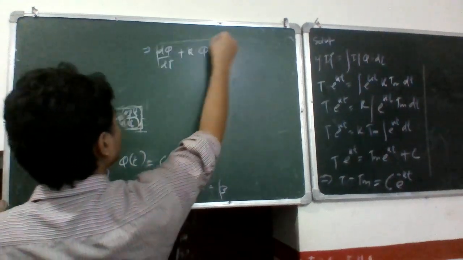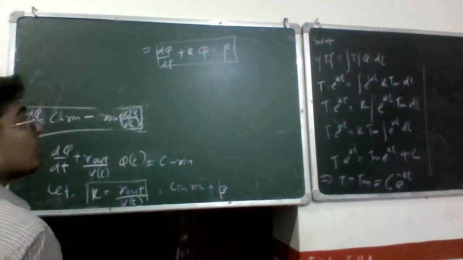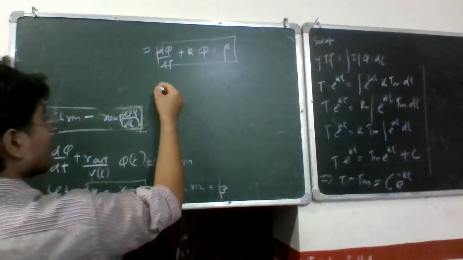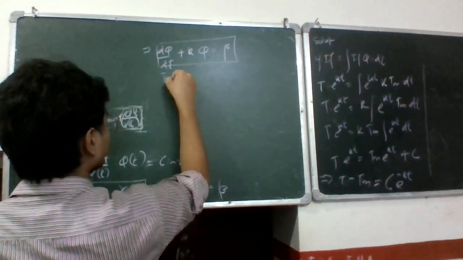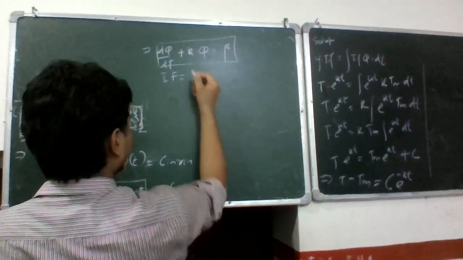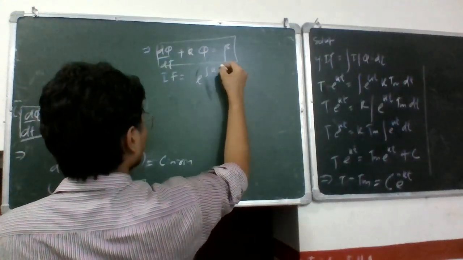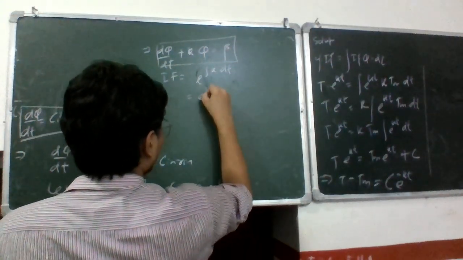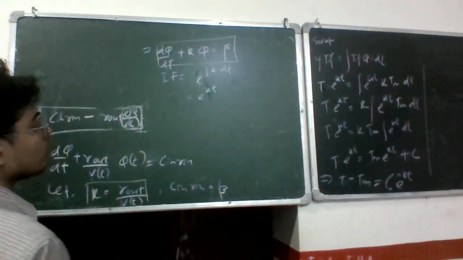Now this is a first order linear ordinary differential equation. So we have got this. Now we have got a solution of this. For that we need to find the integrating factor. Integrating factor is this.